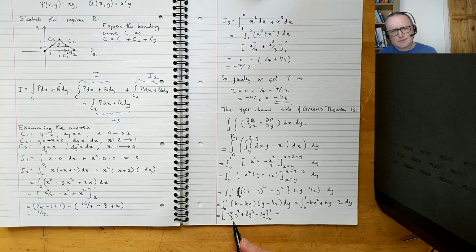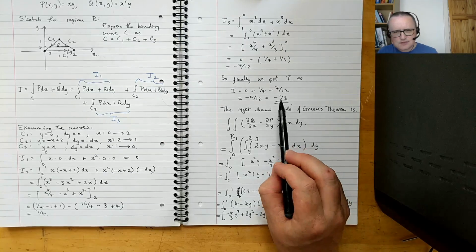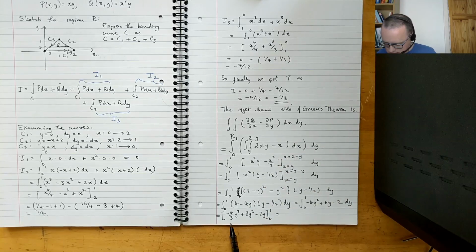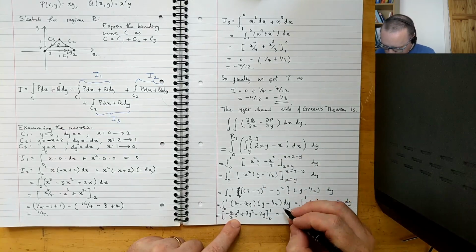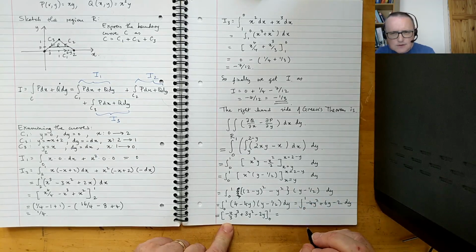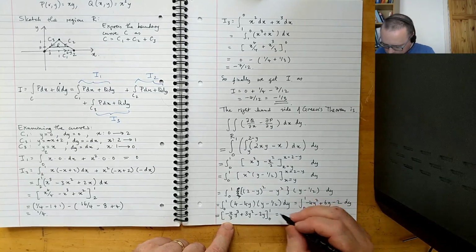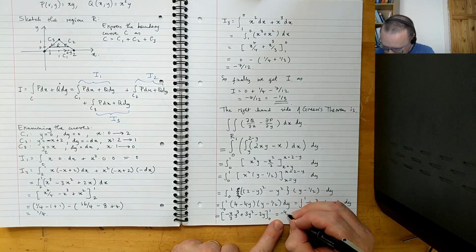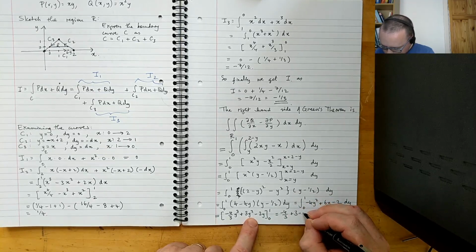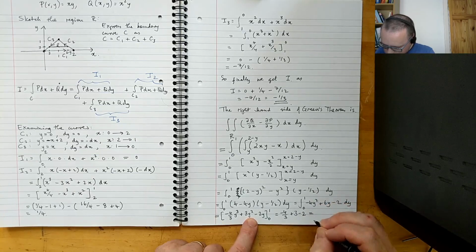So thankfully we're getting some amount of thirds here, because remember this is supposed to work out at minus a third, so it's looking good. So of course, when you evaluate at 0 you get nothing, so there's a factor of y in everything. So evaluated at 1 we get minus 4/3 plus 3 minus 2. So what's this?